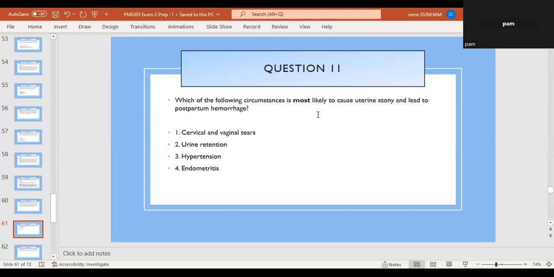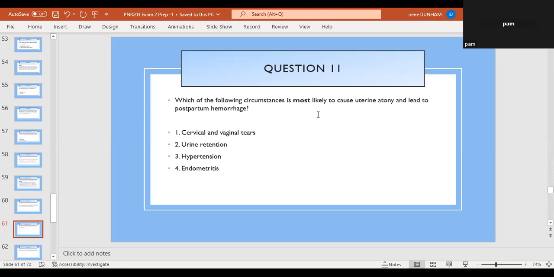All right, so which of the following circumstances is most likely to cause uterine atony and lead to postpartum hemorrhage? Okay, this is question 11, all righty. So we talked about this, most likely to cause the uterus to have no tone. Well, it wouldn't be cervical and vaginal tears. Well, urine retention, yeah.